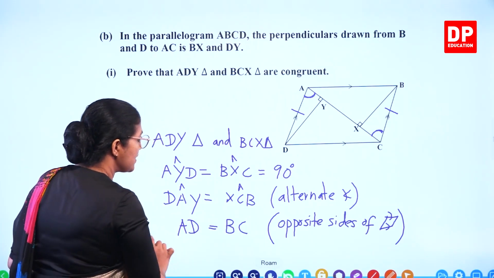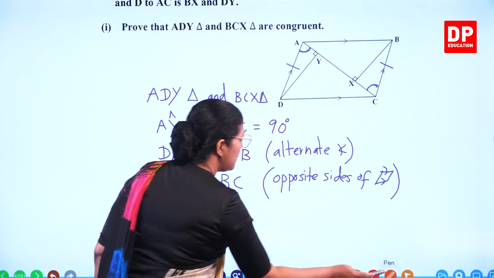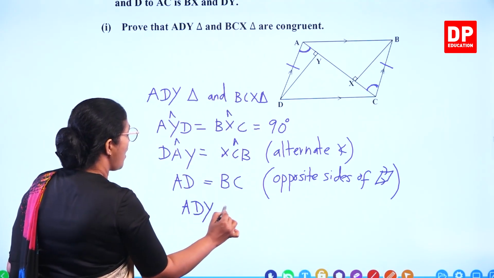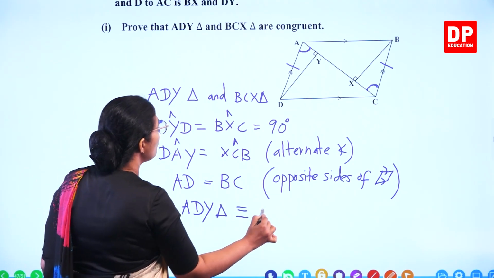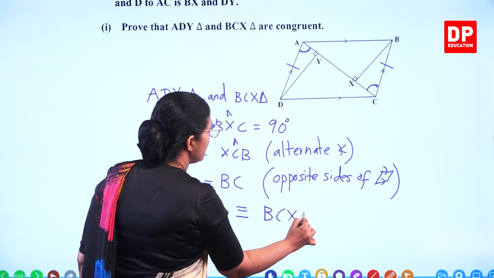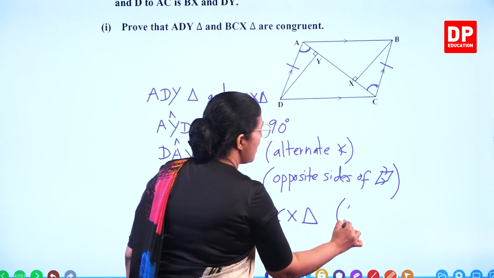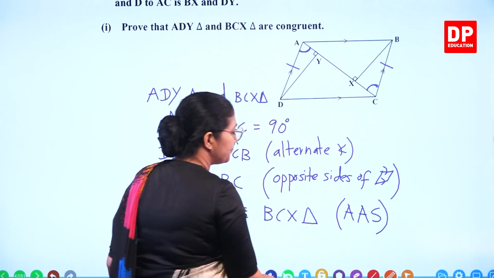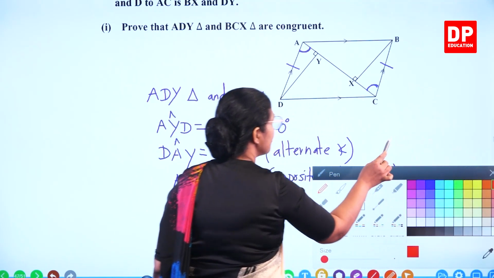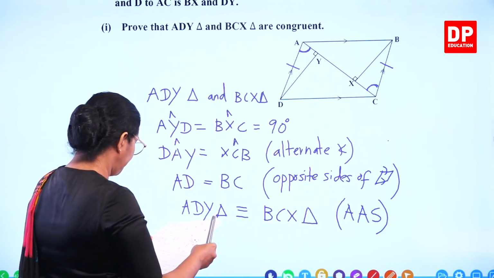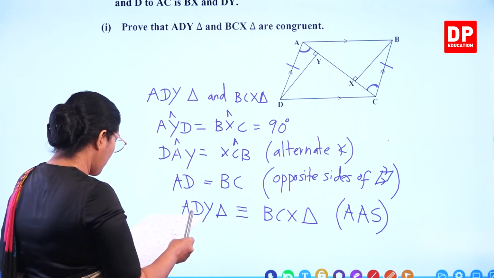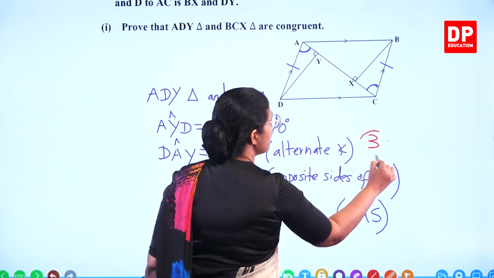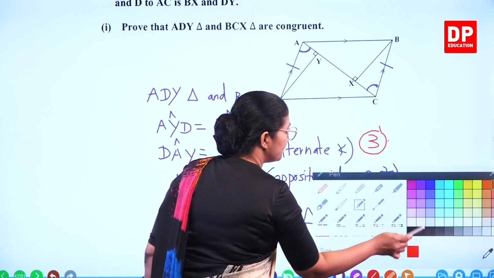So what's the congruency case? Angle, angle, side. So triangle ADY is congruent to triangle BCX. What's the case? Angle, angle, side. How many marks? You are getting 3 marks for showing the 2 triangles are congruent.